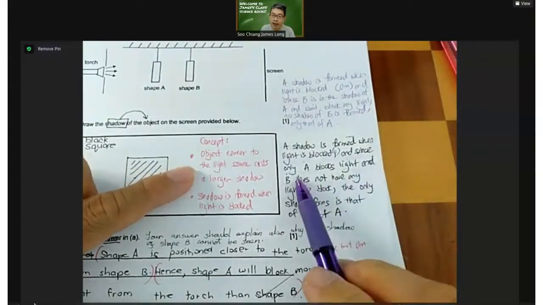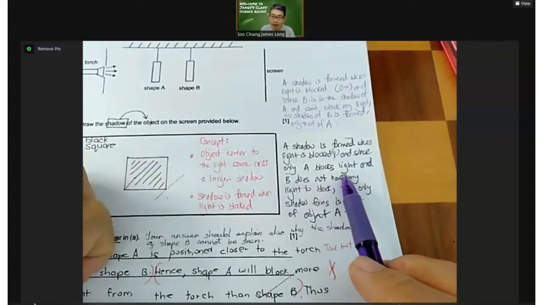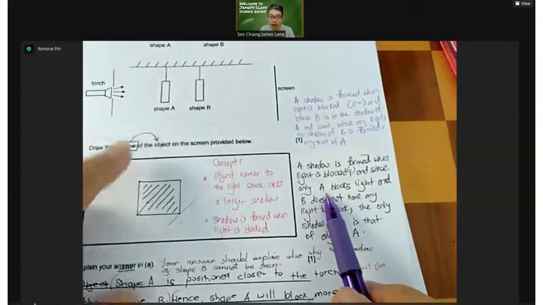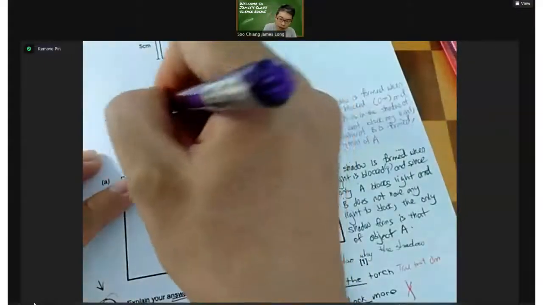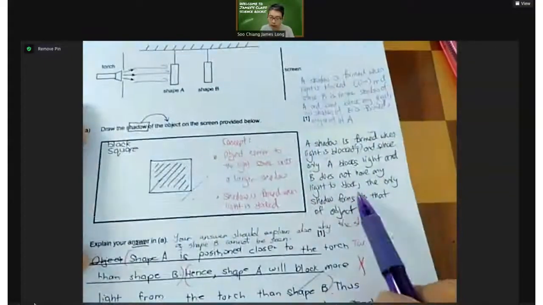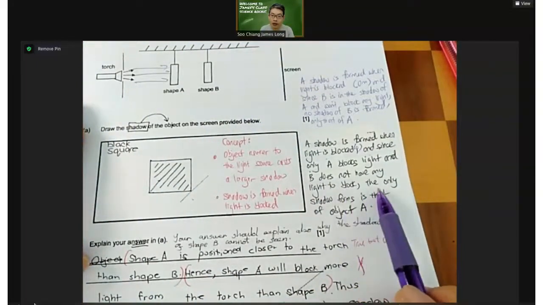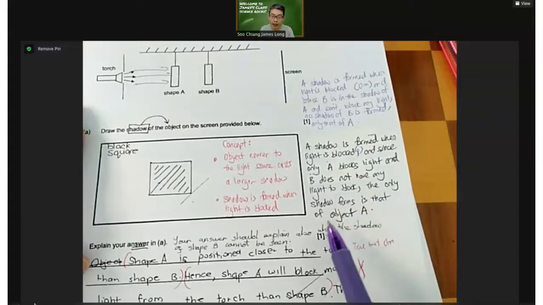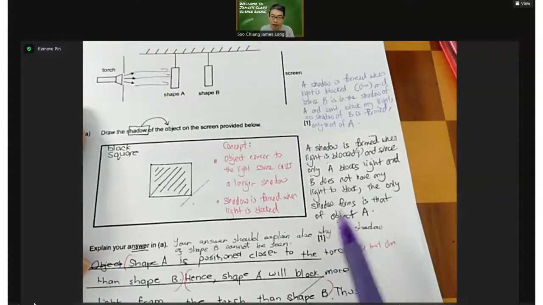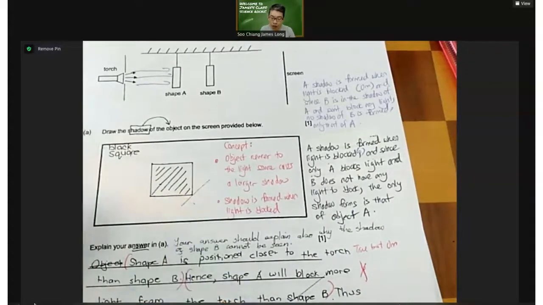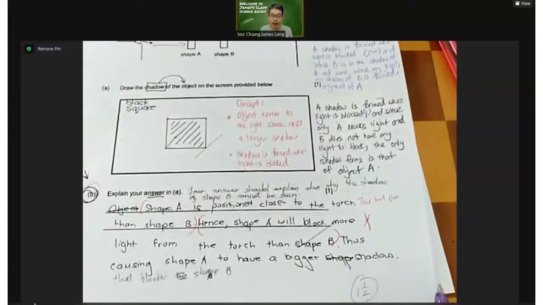And since only A blocks light, you see, this one blocks the light that comes out, and B does not have any light to block, the only shadow formed is that of object A. Right, so that's why I said only shadow formed is that of object A, the black square shadow. And that should be sufficient to answer this. Let's look at your answer.